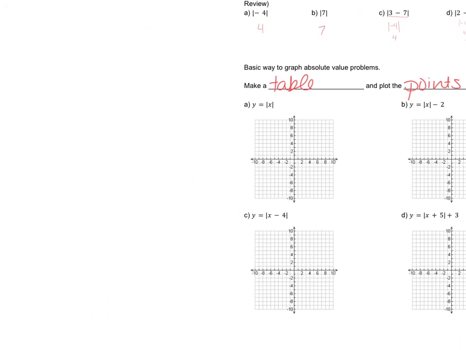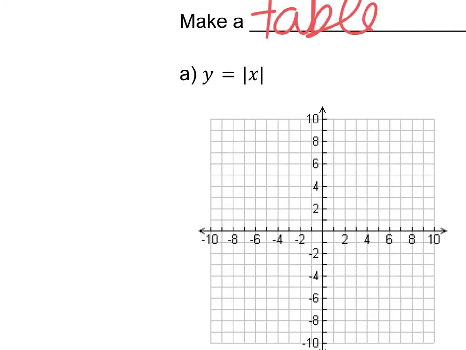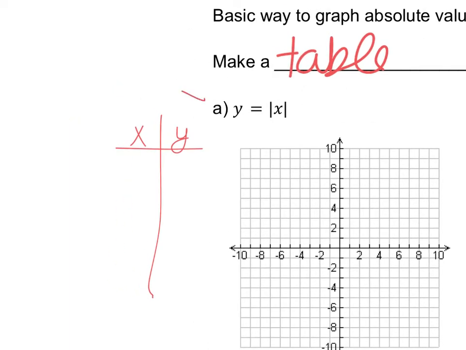So on this, let's pick some points. This graph is the basic graph of absolute value. It says y equals the absolute value of x. You'll find out later this is called the parent function. On the next day's notes, the parent function, we do a lot with that. So just know this is the basic graph.